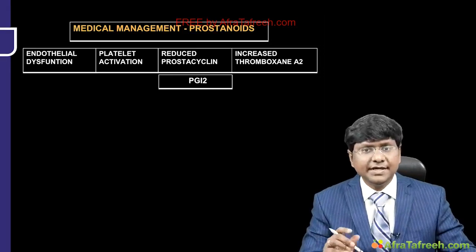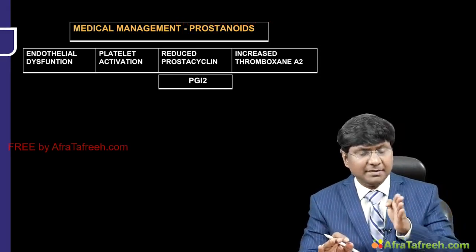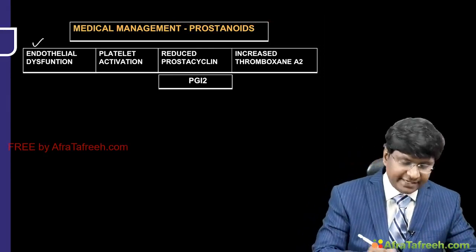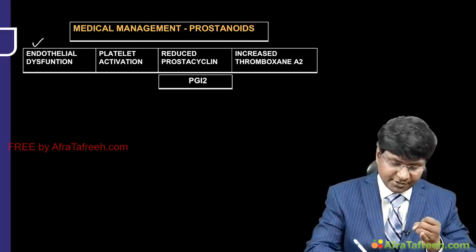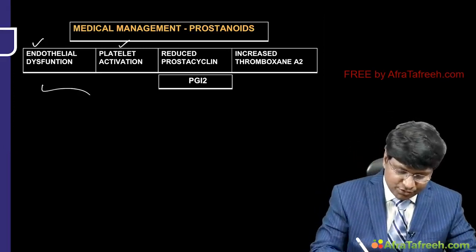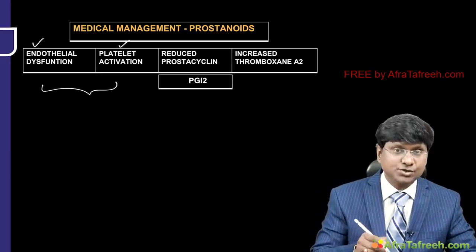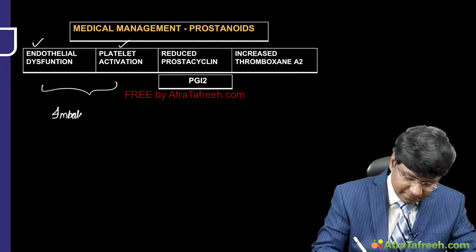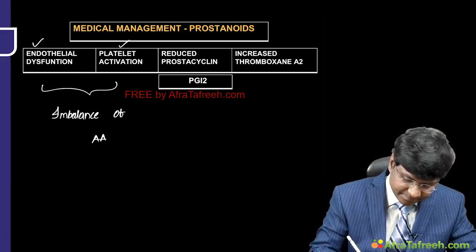So now, if you take pulmonary arterial hypertension, there is development of endothelial dysfunction as well as platelet activation. These two will cause imbalance of arachidonic acid metabolites.